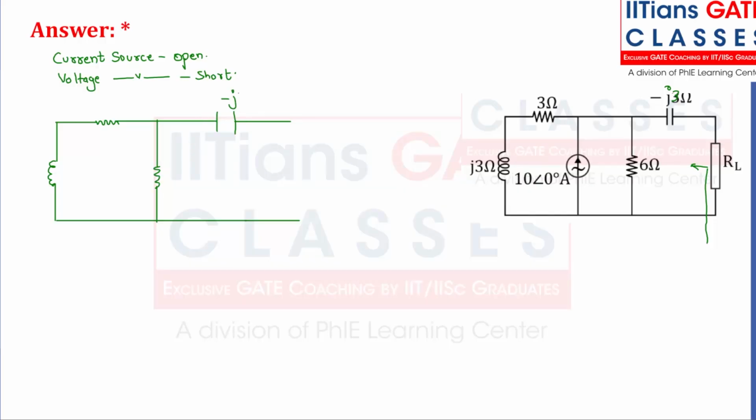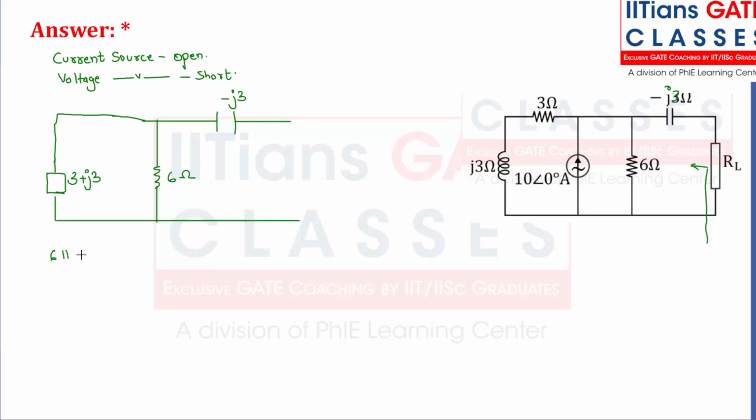So this is minus J3, this is J3, this is 3 ohm, and this is 6 ohm. Okay, so now you can see this 3 and this J3 ohm are in series. So simply what I can do is replace it as one box which has impedance 3 plus J3, and this is in parallel with 6.